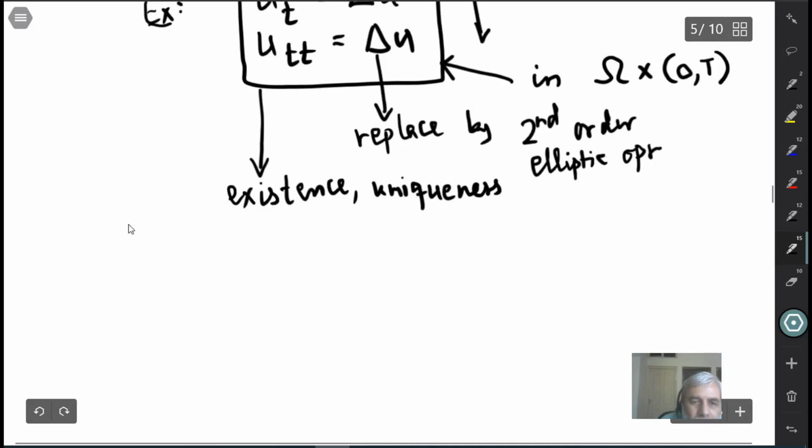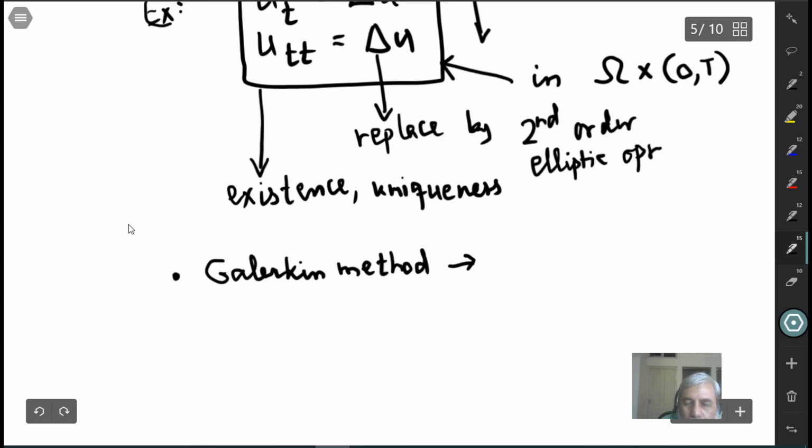Okay, so there are two ways of obtaining such results. One is the so-called Galerkin method. So this is essentially the separation of variables method. And another one is semigroup theory.